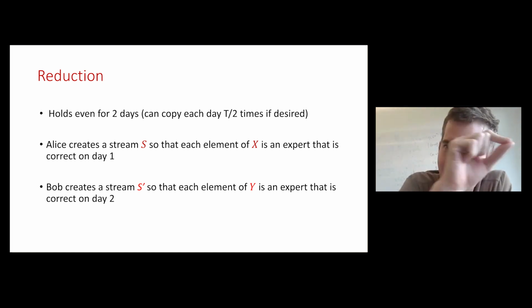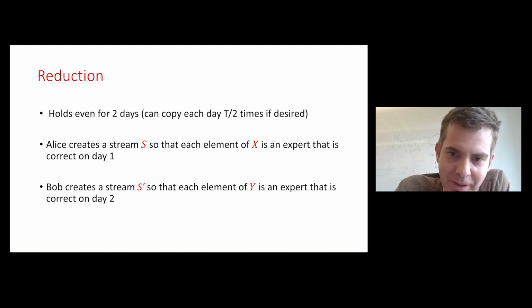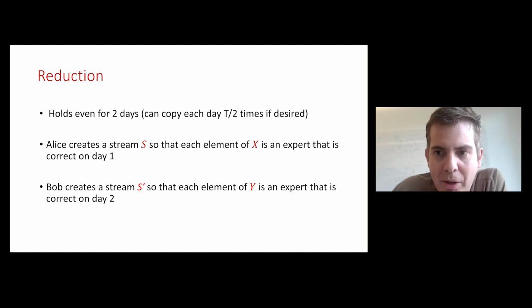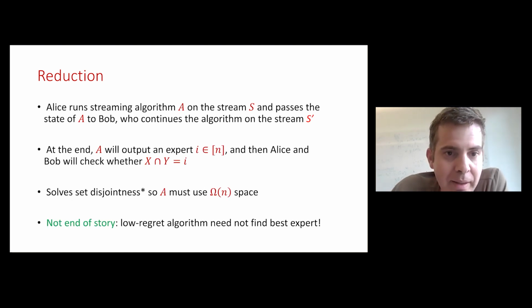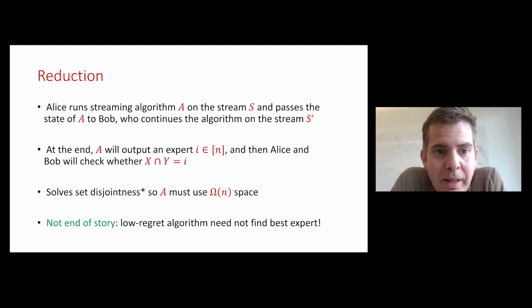So the streaming algorithm runs on day 1, where these are the experts that are correct, and also on day 2, where these are the experts that are correct. Alice runs this streaming algorithm A on the stream S, passes the state to Bob, who continues the algorithm on his stream S prime.